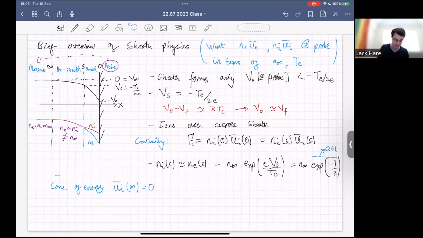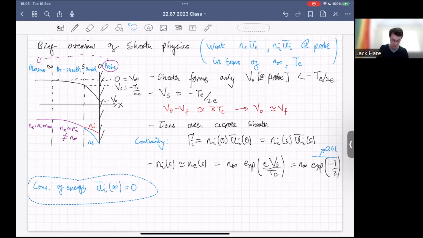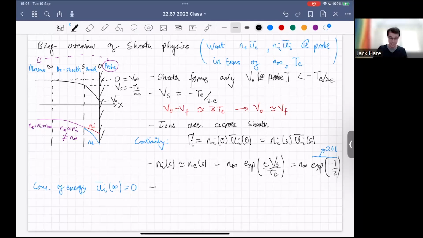This is the cold ion approximation I talked about earlier. We're going to be accelerating these ions. And so we can say that the kinetic energy of the ions at the sheath, a half m_i u_i of s squared, is just going to be equal to the change in potential energy, which is e times the sheath potential. Remember, we're referencing V at infinity as 0, so there should be a minus V at infinity here, but that disappears.